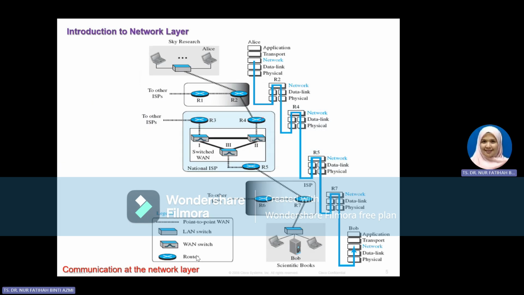Let's take a look at how communication occurs across the network layer, using the example of this figure. For example, you have Alice and Bob, two users who want to communicate across different networks.